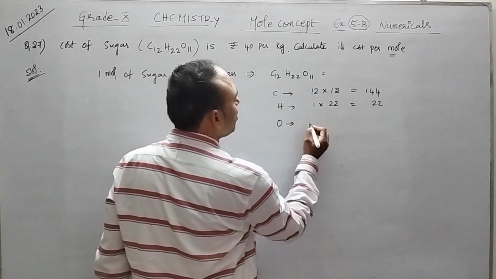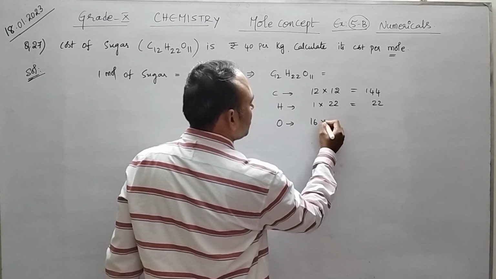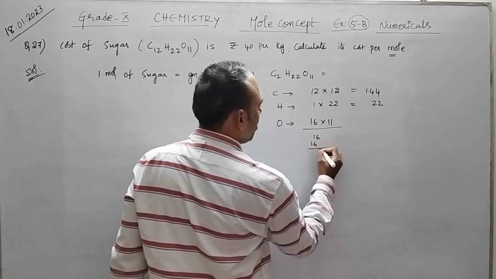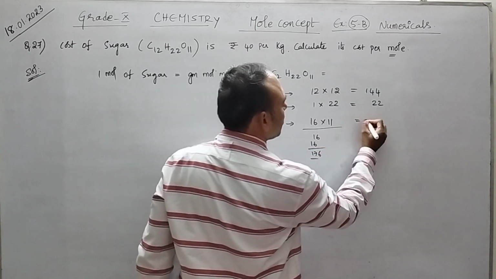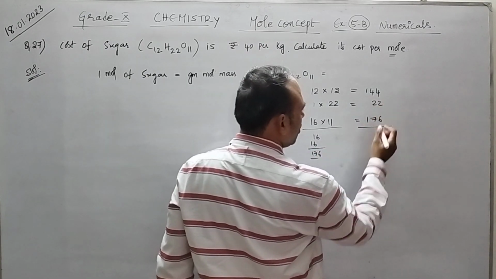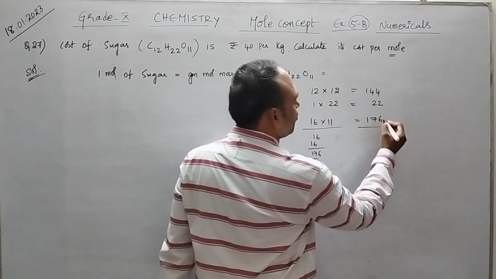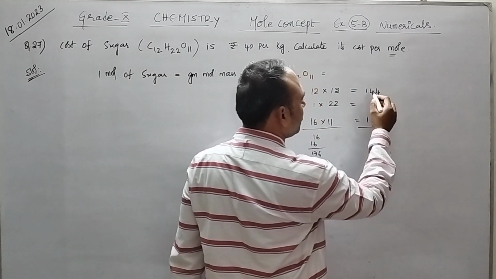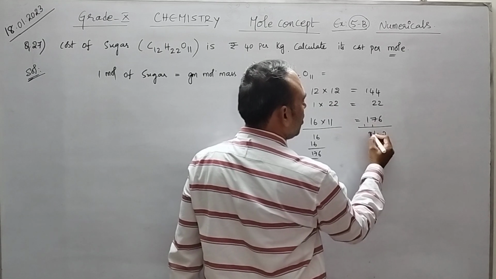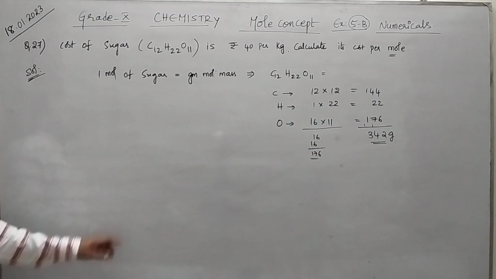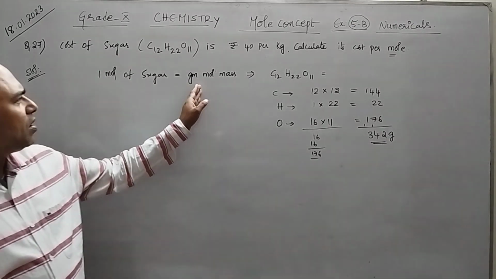And for oxygen, 16 into 11, which is 176. Now this will be our molecular mass of sugar. Adding up, we get 342 grams. So 1 mole, nothing but gram molecular mass, is this.